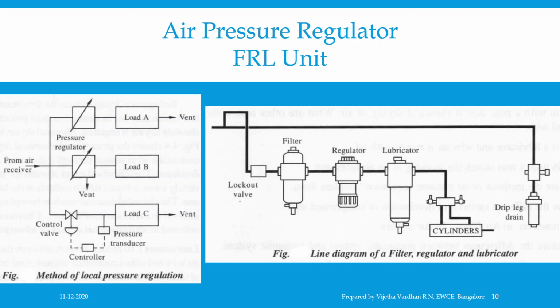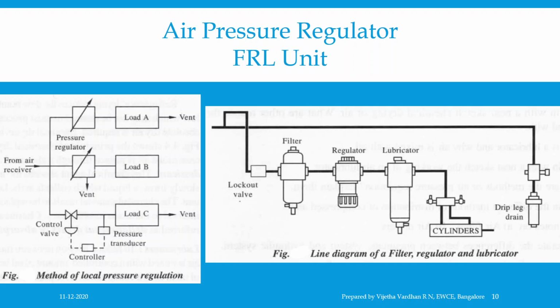The sintered filter with a water separator removes the dirt, pipe scale, rust and condensate from the compressed air. The regulator is a diaphragm operated relieving type of regulator. The regulator keeps the working pressure of air fairly constant irrespective of pressure fluctuation.